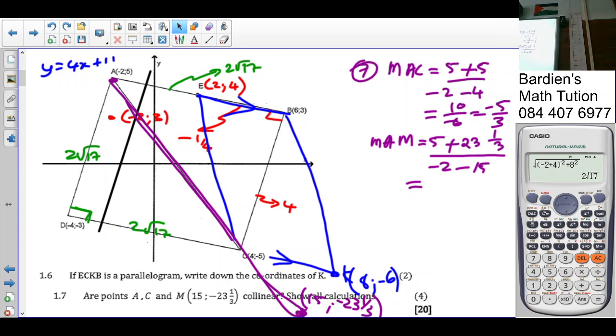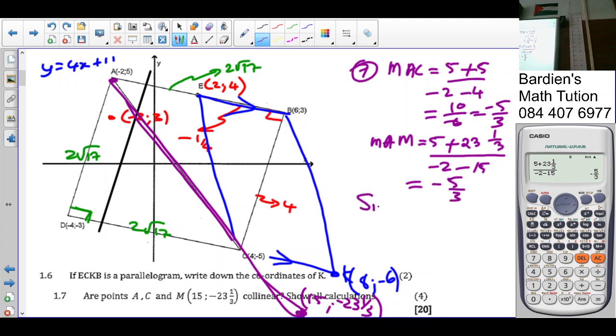So let's punch that in the calculator. It's a mixed fraction, so I press shift, then the fraction button. Gives you 5 plus 23 and 1 over 3 over negative 2 minus 15. Negative 5 over 3. So what does that tell us?